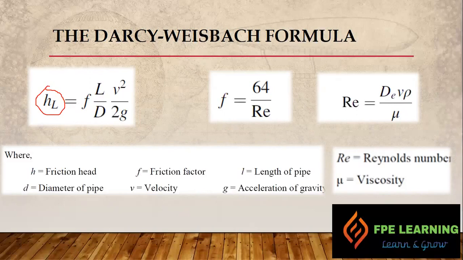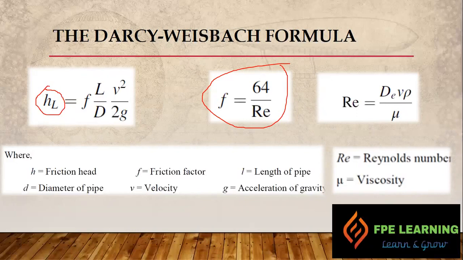So we have to find the frictional factor, which is 64 by Re, where Re is the Reynolds number. But 64 by Re is applicable only for laminar flow. For turbulent flow, we have to use the Moody diagram that we'll discuss in a while.